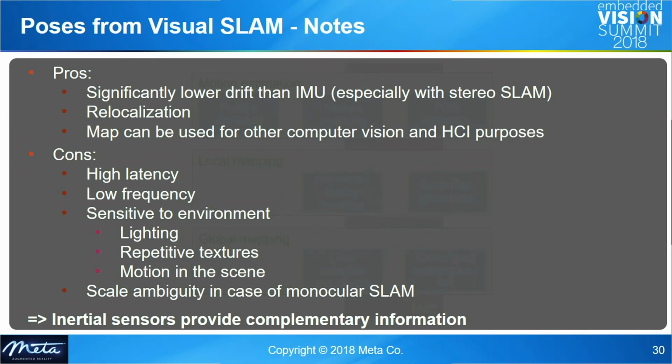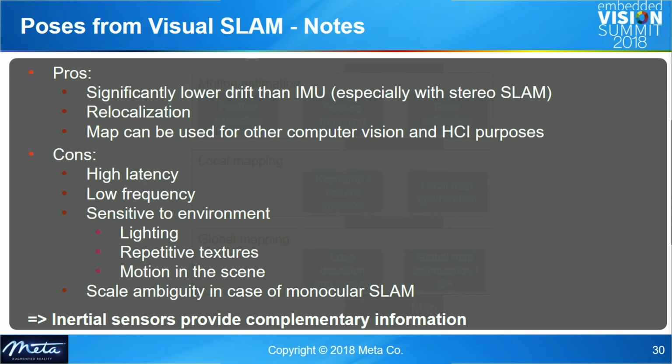Visual-SLAM alone is not sufficient for augmented reality, not by a long shot though. So one major drawback is the latency. A camera like this could be running at 60 frames per second, for instance, meaning that we have 16 milliseconds between the frames to begin with.